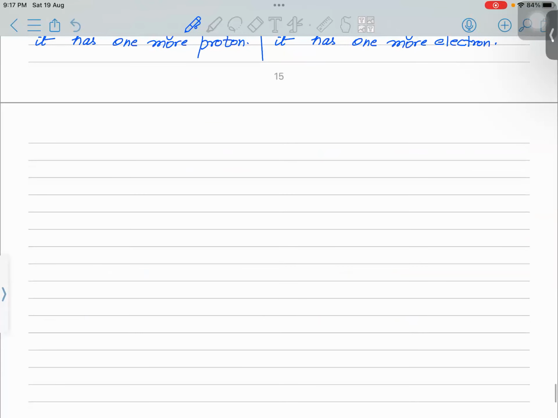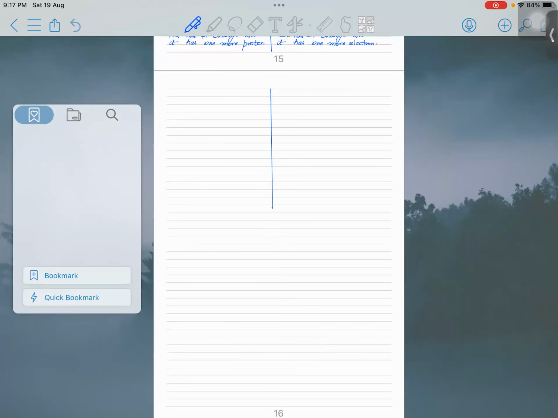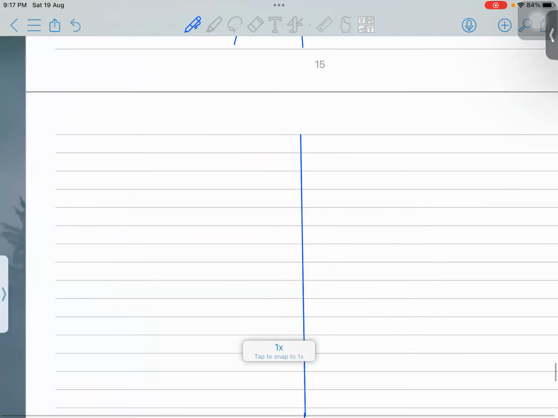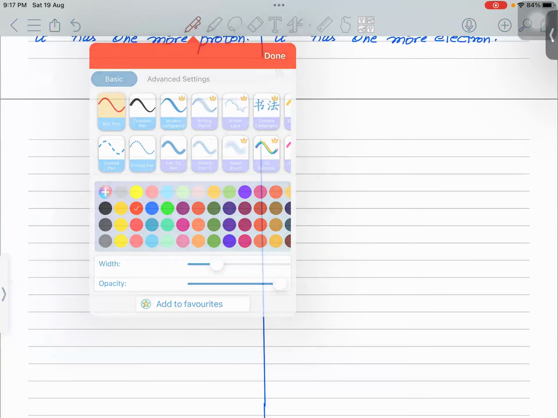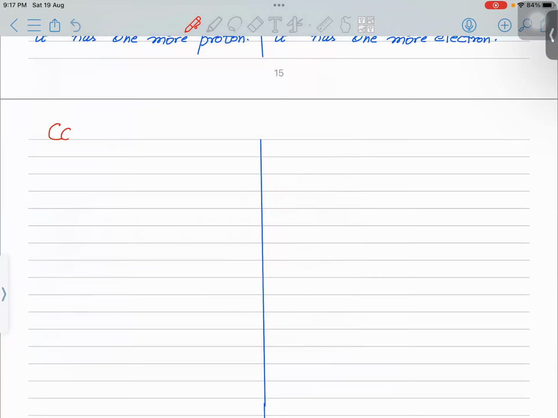Now next example is calcium. Now tell me electron, proton, and neutron.